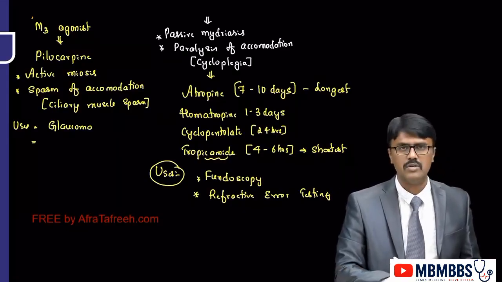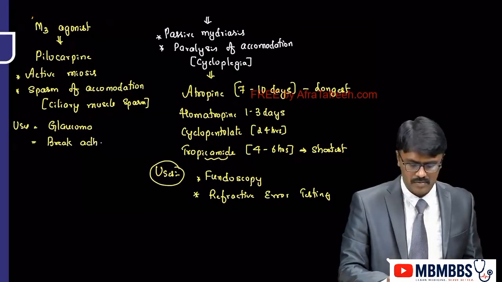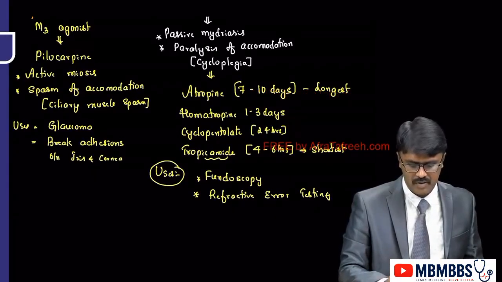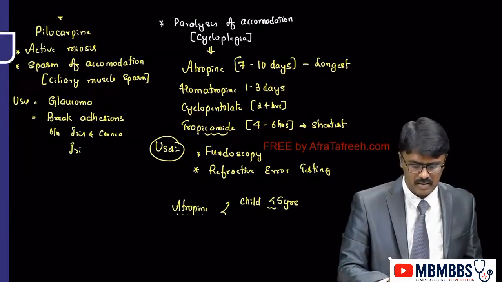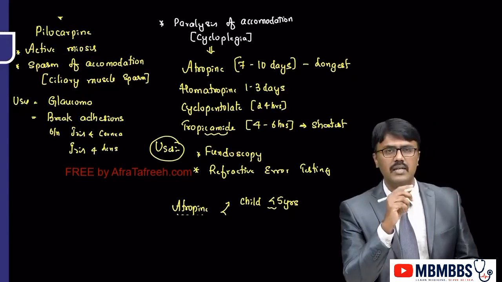It is also used for one more condition, to break adhesions between iris and cornea, or iris and lens. You may ask a question, how does it break the adhesions?